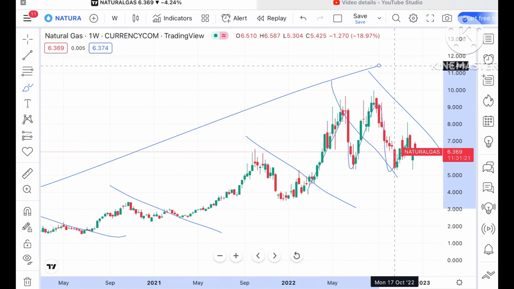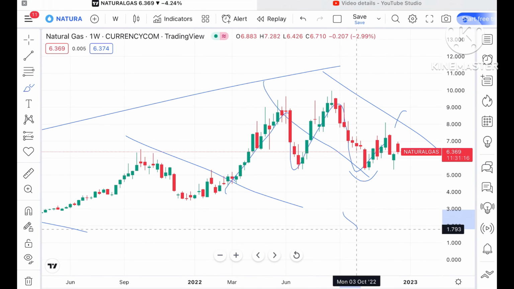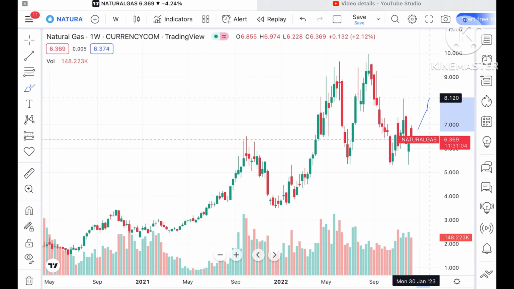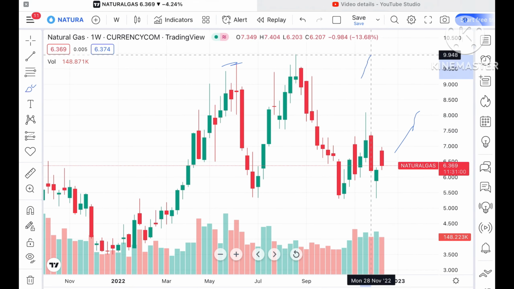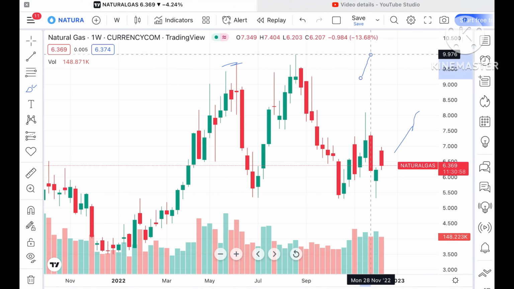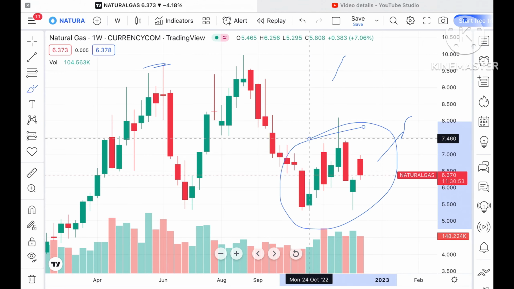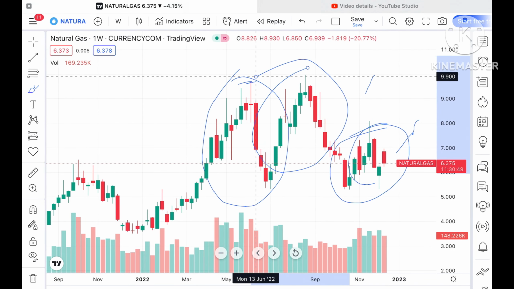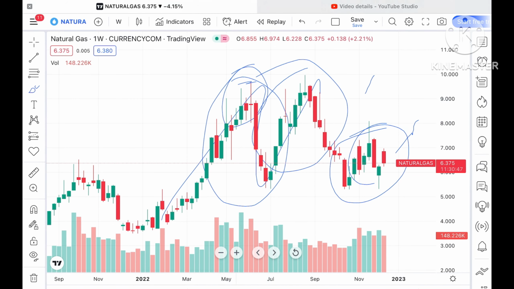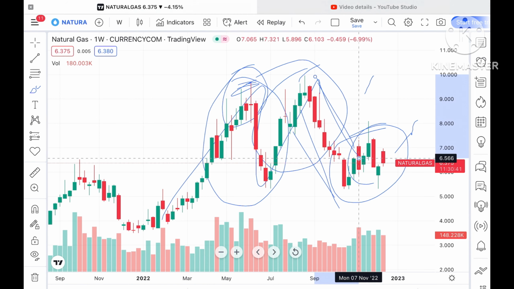So if this level sustains, or if it comes close to around 8.8, the probability is very high that it can cross and go towards the previous high of $9.9. If you look at this particular chart, we have seen less volatility compared to these two, because there we saw an all-time high made, a break, and a sharp fall also.